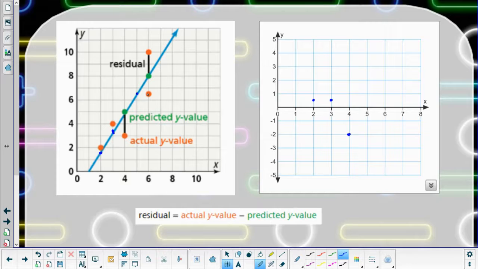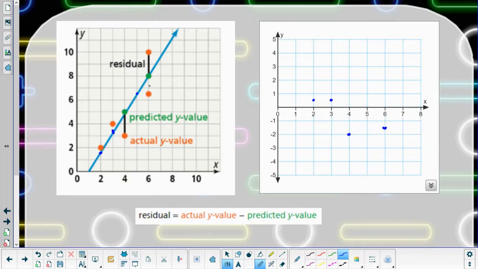This predicted one is 6.5, my real one is 8. So 6.5 minus 8 means I'm about 1.5 below, because it's going to be a -1.5. So I'm going to go to -1.5 and put a dot.